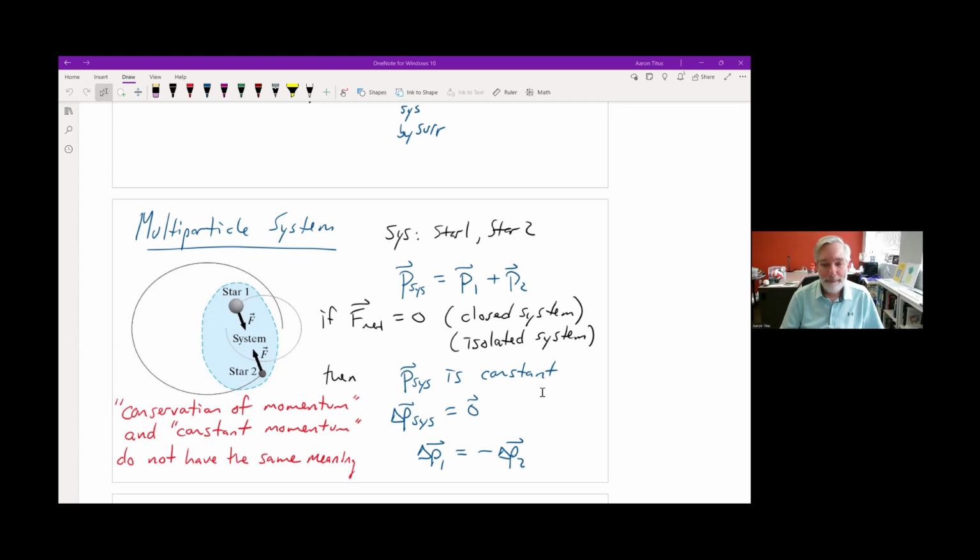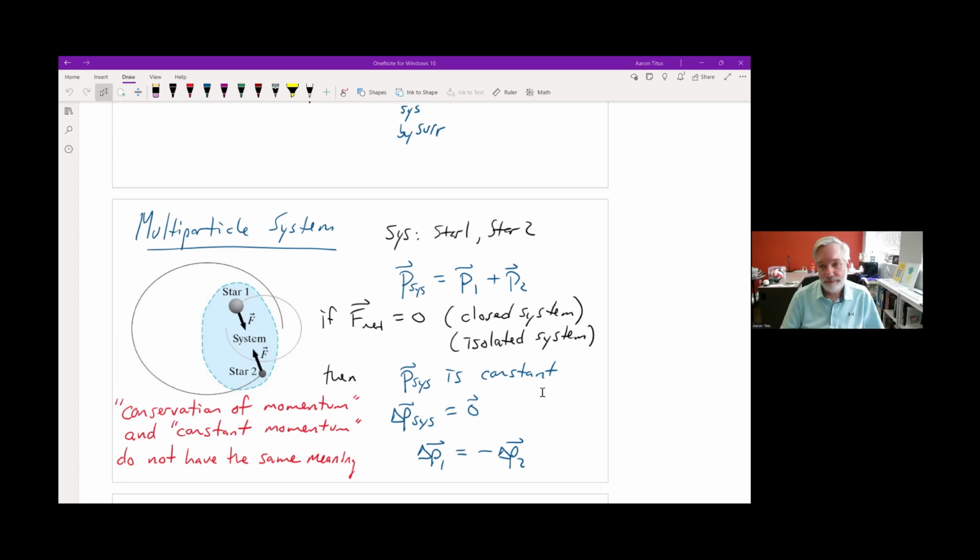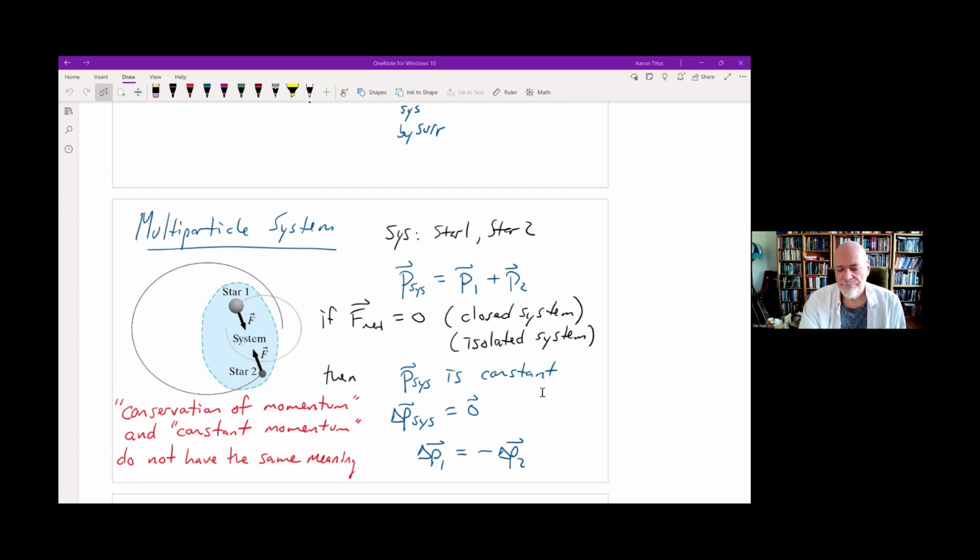And one of the victims of that sort of consolidation is discussing systems. So we provide kind of secondary material. We make some videos, some practice problems.